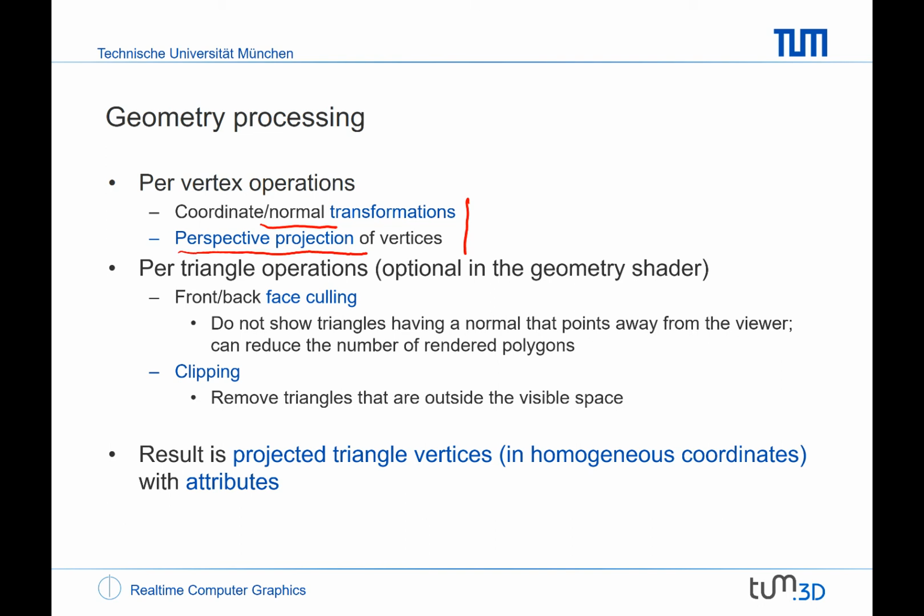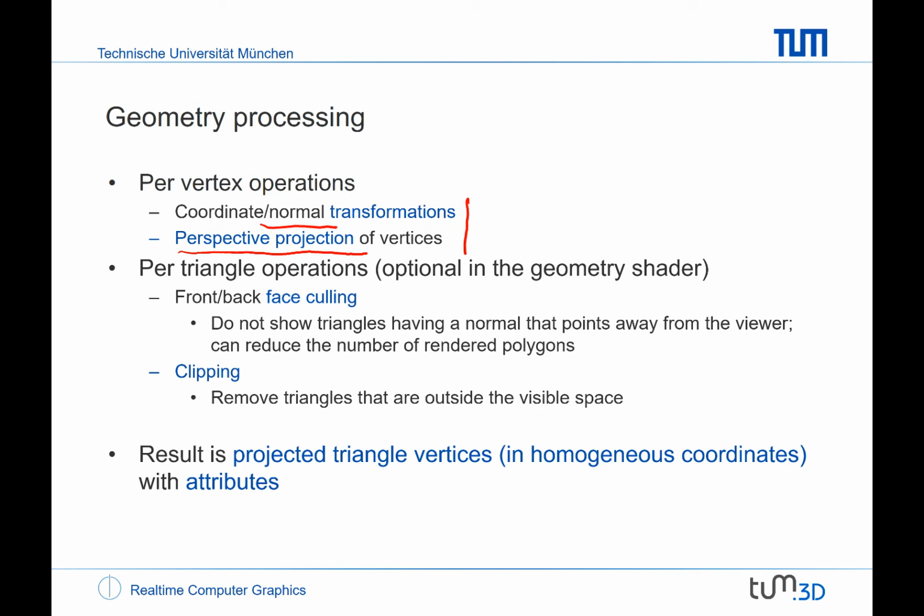So we will also go into the details of this particular kind of transformation, which essentially brings the vertices from 3D space into the 2-dimensional image space, so that then the rasterizer can compute the coverage of the pixels by the projected triangles.